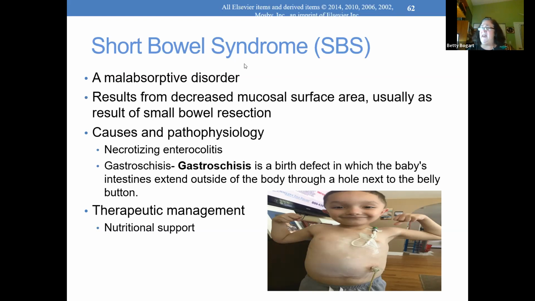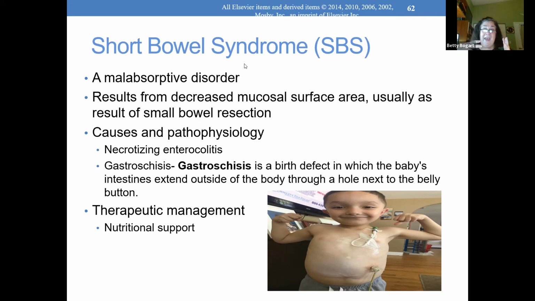So when they're fed, the food irritates it and causes something called necrotizing enterocolitis, NEC. Literally, the bowel dies. This is why we do abdominal girths and look for aspirates in the feedings to make sure the food is going down the way it should. Because if it's not, this child could have a piece of bowel that's dead.